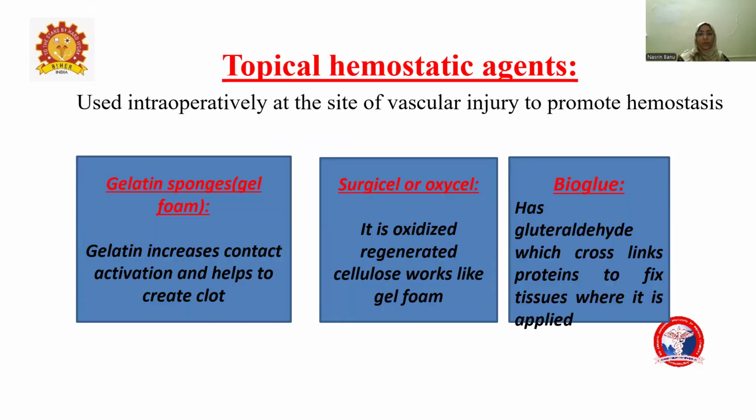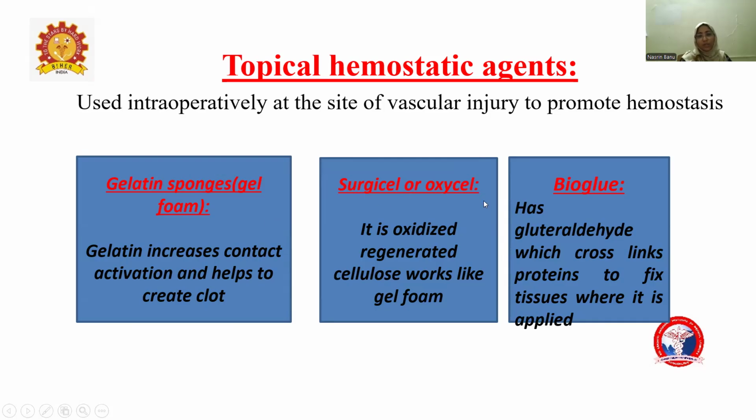Now we'll see what the topical hemostatic agents are. These are applied at the site of bleeding, wherever there is a vascular injury, to promote hemostasis. There are gelatin sponges, that is Gelfoam, and this gelatin increases the contact activation and helps to create a clot.